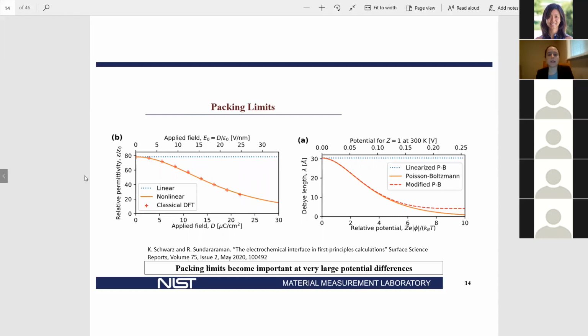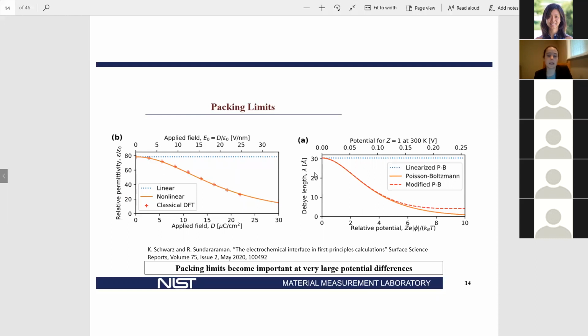Fortunately, though, we can provide a comparison to understand the importance of the modified Poisson equation, why the packing limits matter, and when they might be important. On the left-hand side, just for reference, I'm showing the nonlinearity of the dielectric, and on the right side, the contribution of the modified Poisson-Boltzmann.